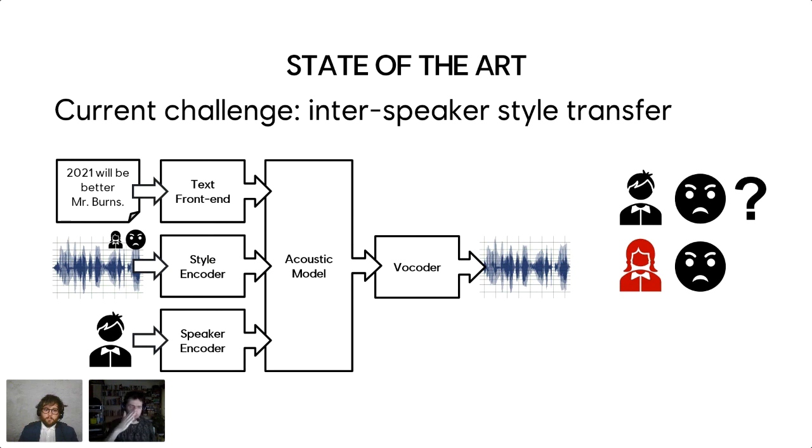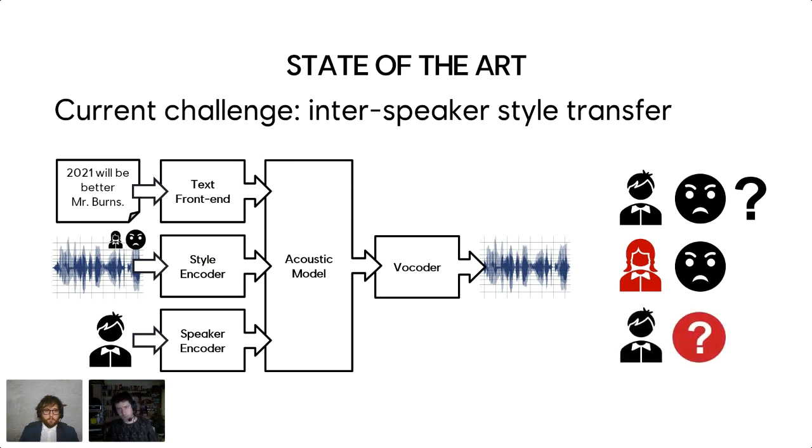So there's going to be a leakage between the two representation spaces, the one from the speaker and the one from the style. And in that case, if the style encoder has too much capacity, it's going to also encode the voice print, and it's going to discard the identity, and you will get the right text, the right tone, but the wrong person.